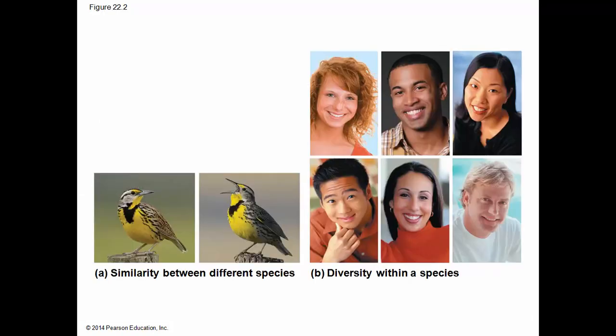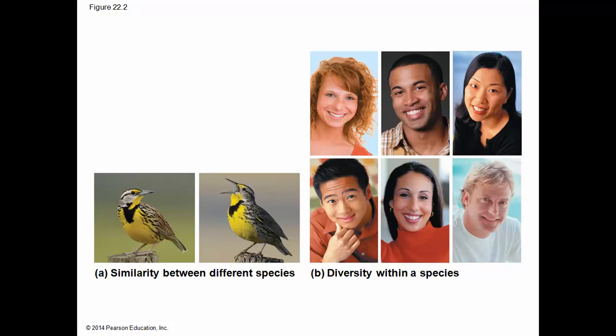Here are two examples of similarity between different species and diversity within a given species. The first example is the eastern and western meadowlark. They're very similar species that were driven apart by the last major glaciation some 10,000 years ago, and that major glaciation came down through Wisconsin and down into Ohio, and it caused major ecological differences in the climate.